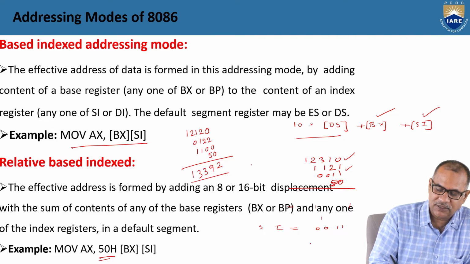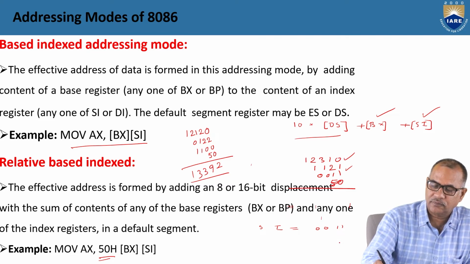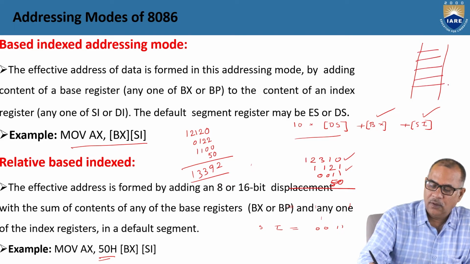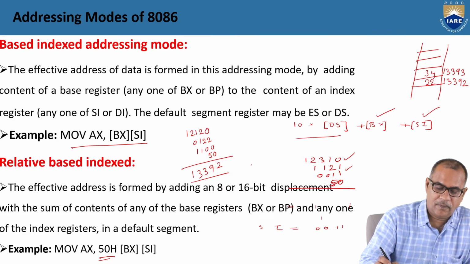So the contents of this memory location 13392, and what is the next address? 13393. So 22 and 34.